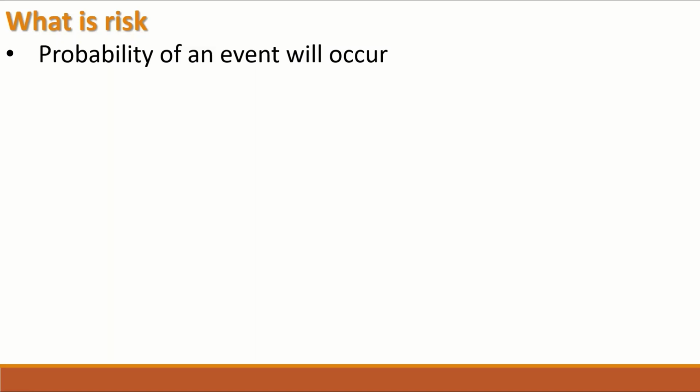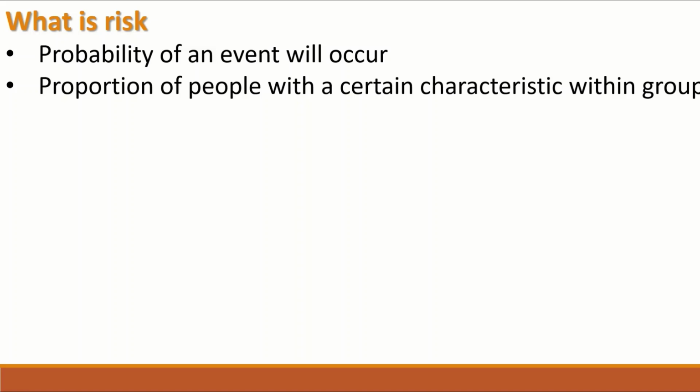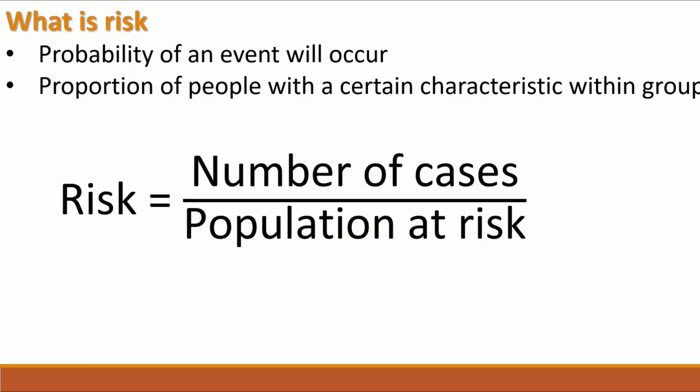Risk is the probability of an event occurring. So it is the proportion of individuals with a certain characteristic within a group. So risk can basically be represented in this equation: number of cases divided by the population at risk.